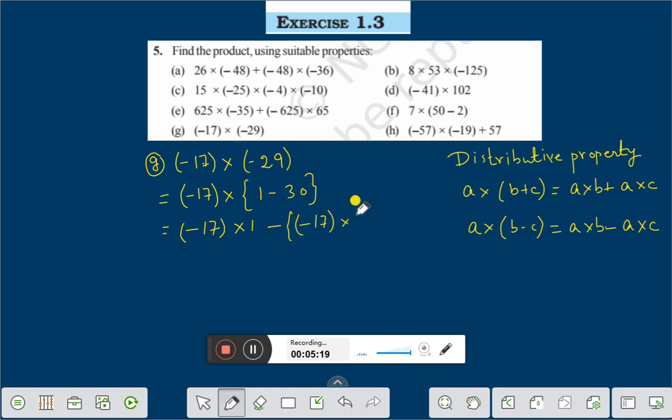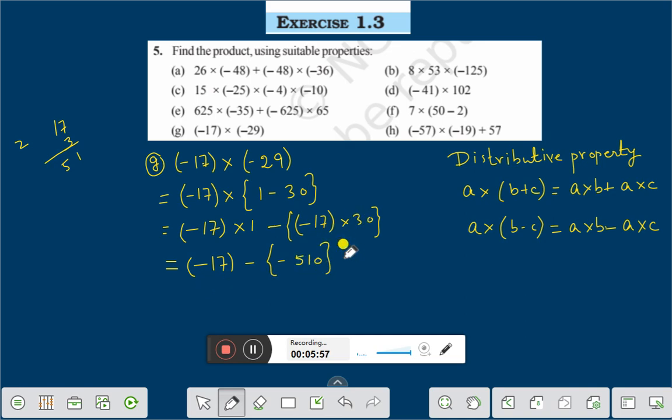I have to use the bracket here. We are getting minus 17 for the first term. Here, in bracket, plus into minus is minus, and multiply 17 with 3: 3 times 7 is 21, 3 times 1 is 3, plus 2 is 5, so 51, and with the 0, 510.